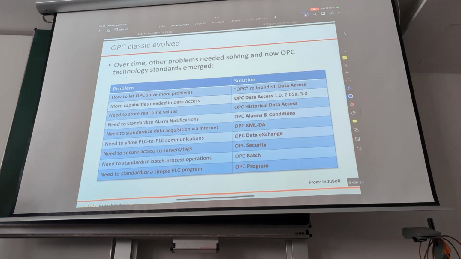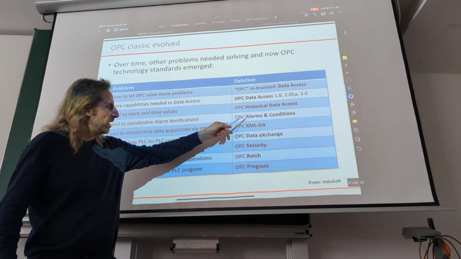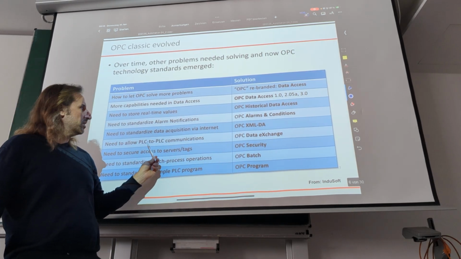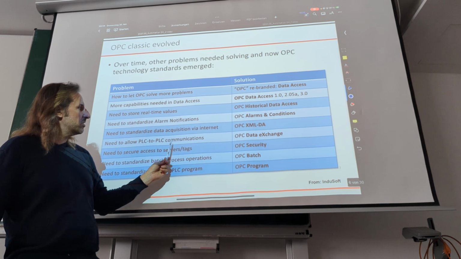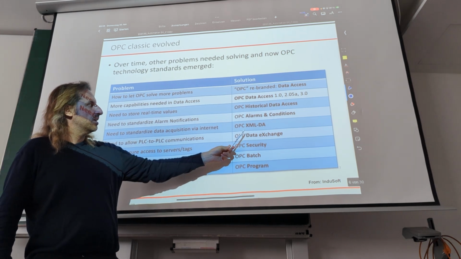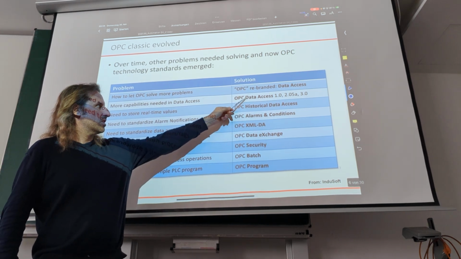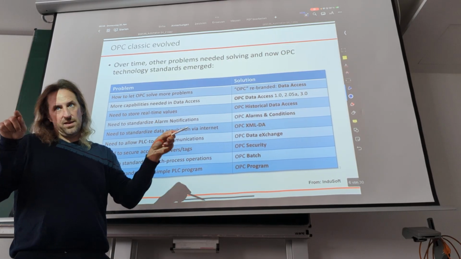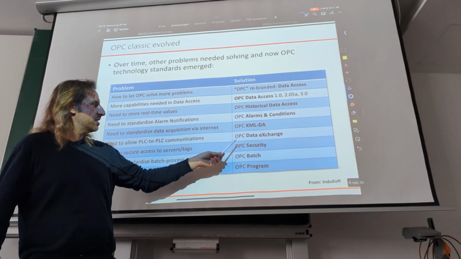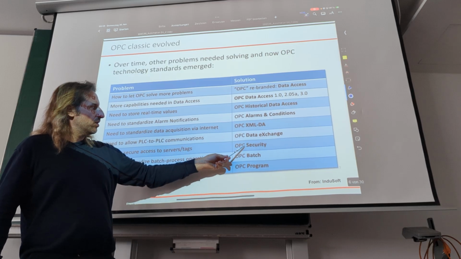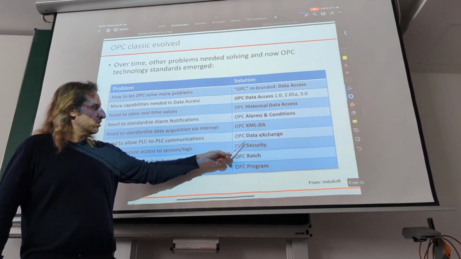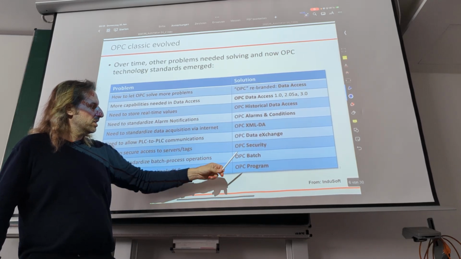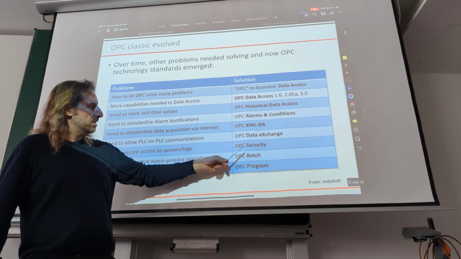Then they had some additional use cases, and they said, okay, we want to have better PLC to PLC communication. Still, actually, it's just on top of data access, because you have data from one PLC accessed by the neighbor PLC. And then with the internet technologies, we had to think about security.